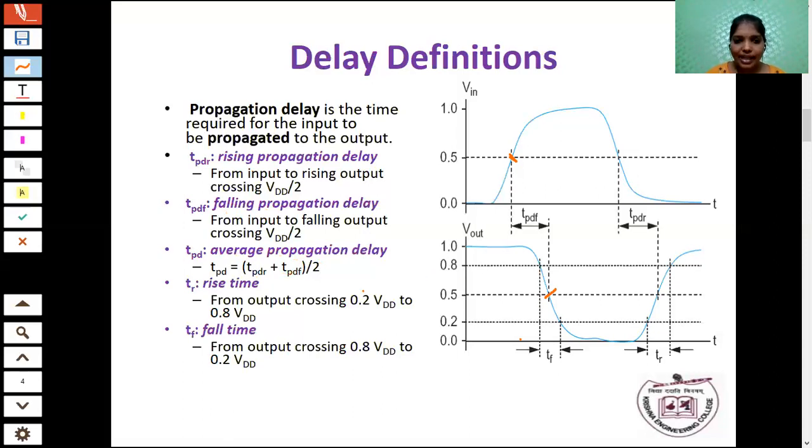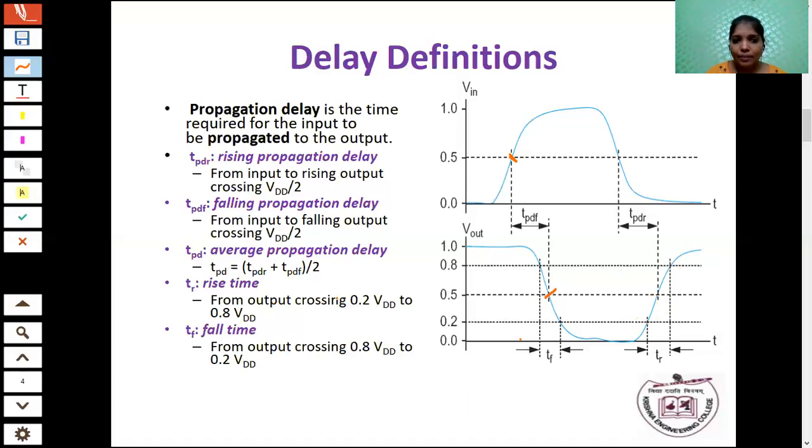The next one is the rise time and fall time. This is the region of the rise time, where the output has a transition from point 2 to point A. When the output transitions from 20% to 80%, that is called the rise time.